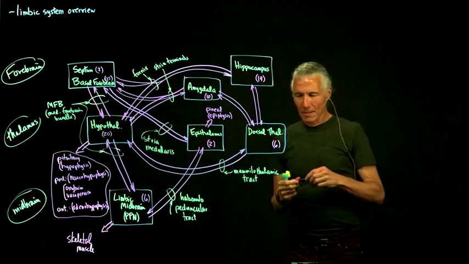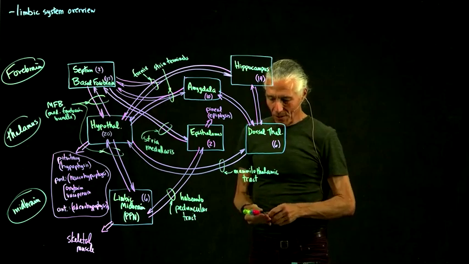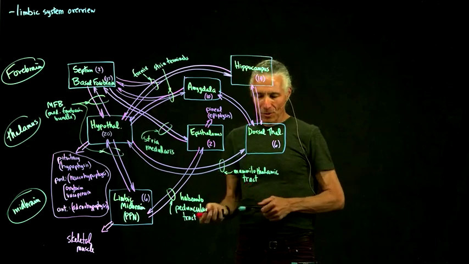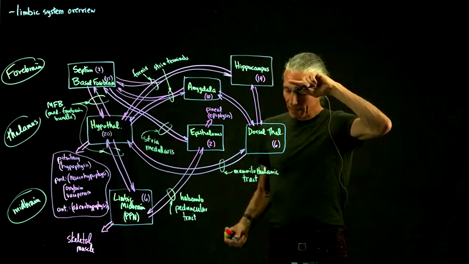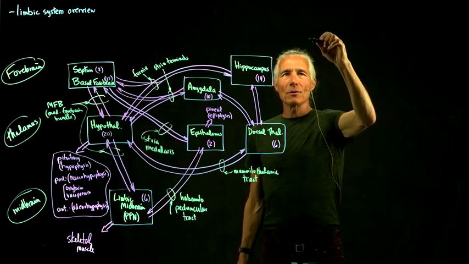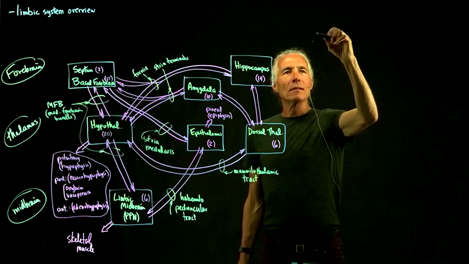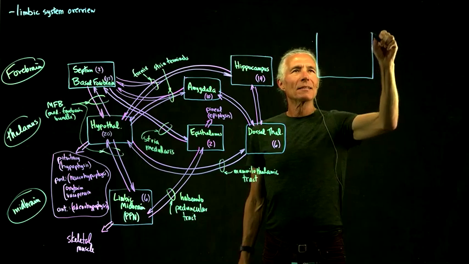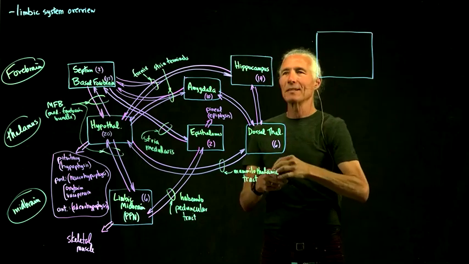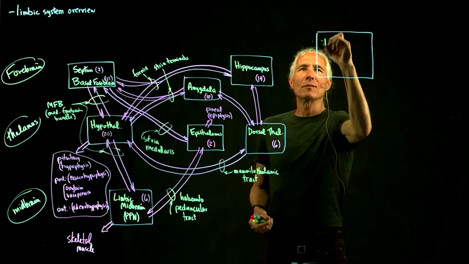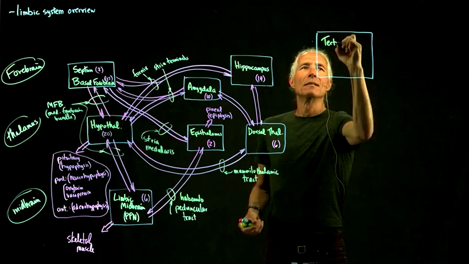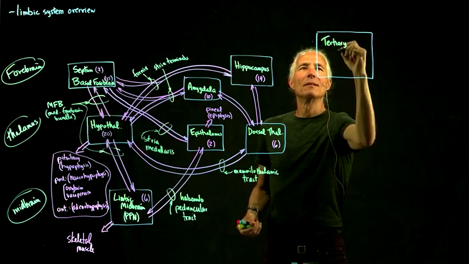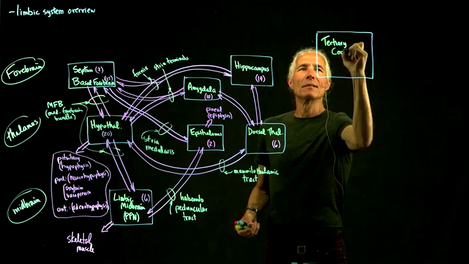So now the hippocampus is also heavily hooked up to higher level cortex, so let's make a nice big tertiary cortex. We'll call it higher level cortex, tertiary. That means sort of third level cortex.